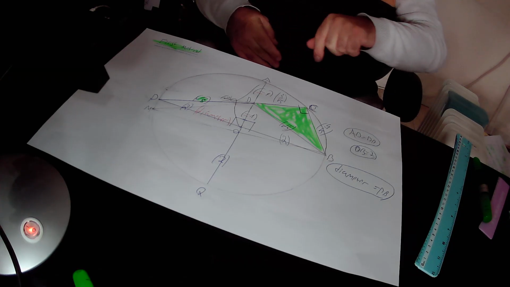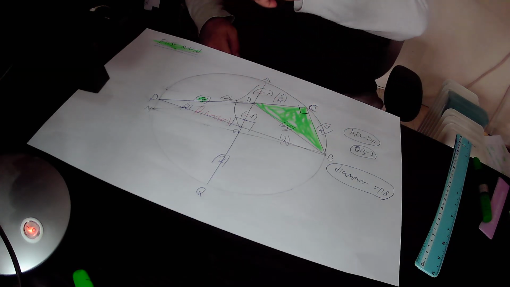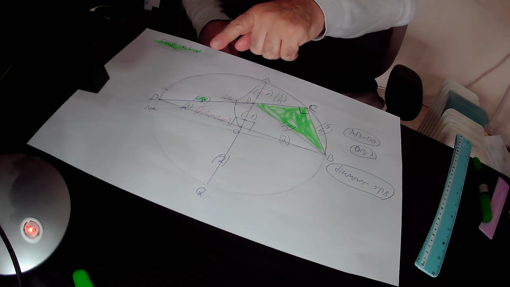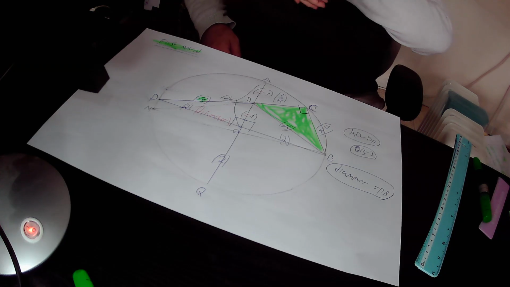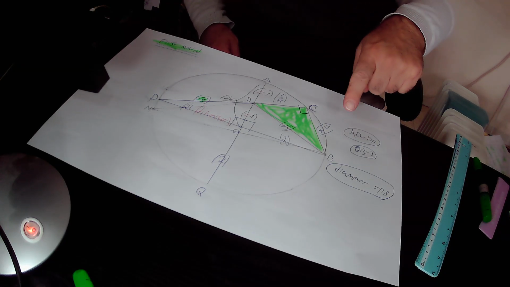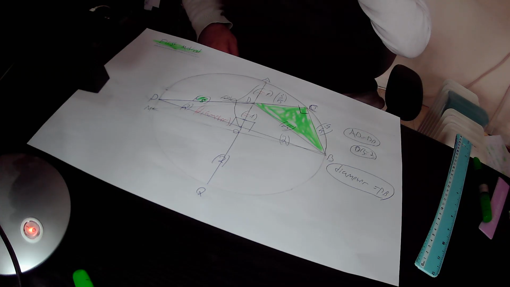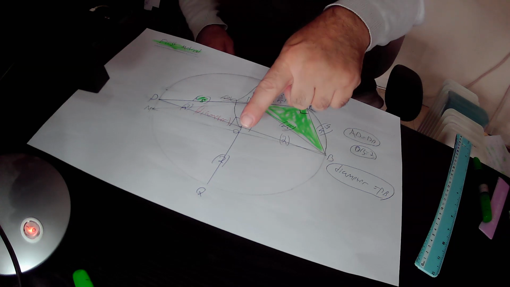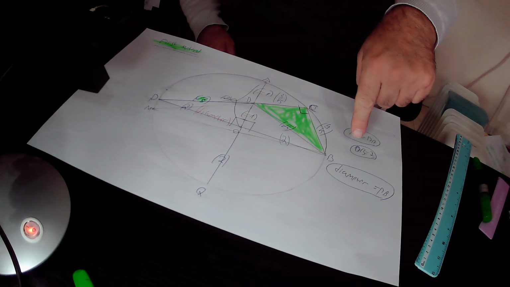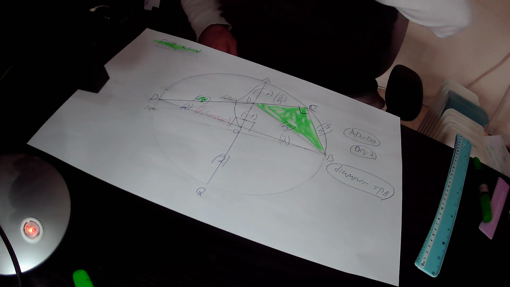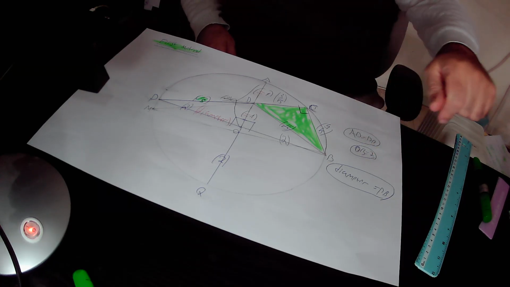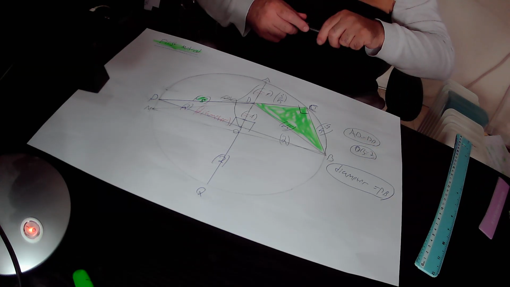Likewise, we extend the radius BO by a straight line until it touches the circle, and we find the touching point of the extended radius BO with this circle. This point is point P. For the same reason that AQ is the diameter of the circle, BP must also be a diameter of the circle.